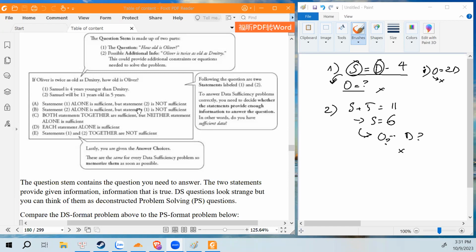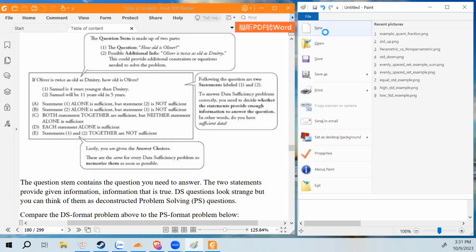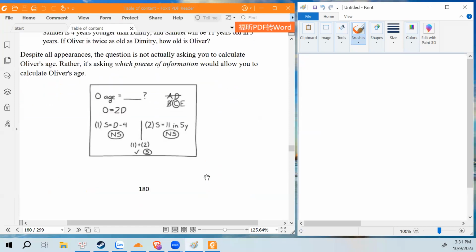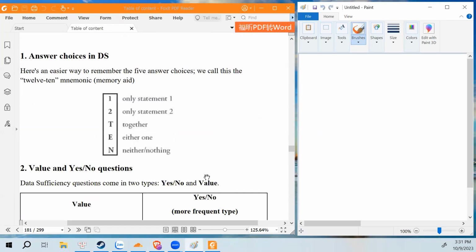Answer choice A always goes, statement one alone is sufficient, but statement two alone is not sufficient. And then the same for B, C, D, and E. To remember these 5 answer choices, you don't have to read them over and over again as you go through these data sufficiency questions.